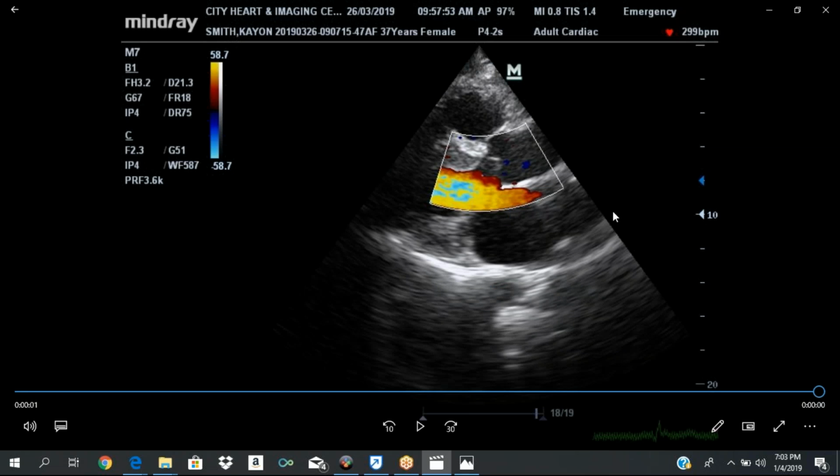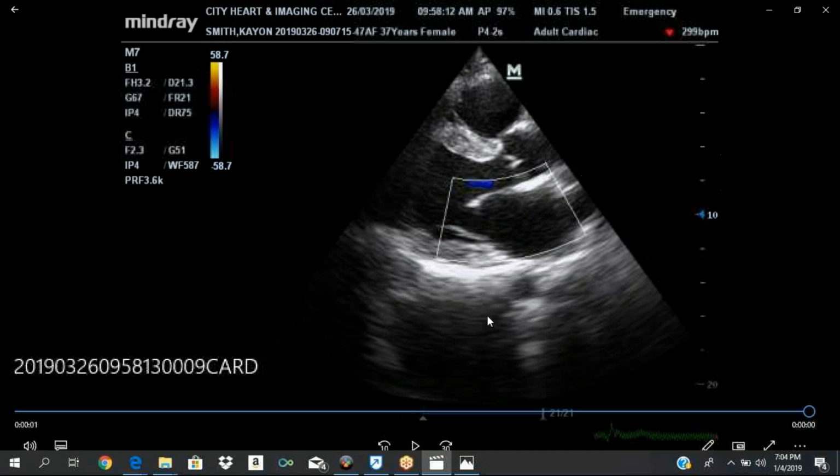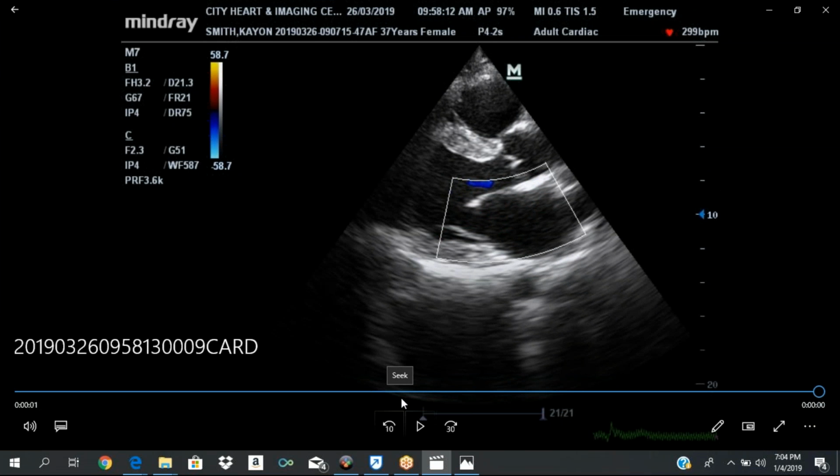Doppler comes after we start doing systolic and diastolic function. So again, interventricular septum, and this is your posterior wall, LV cavity there, anterior mitral leaflet, posterior mitral leaflet, your descending aorta.